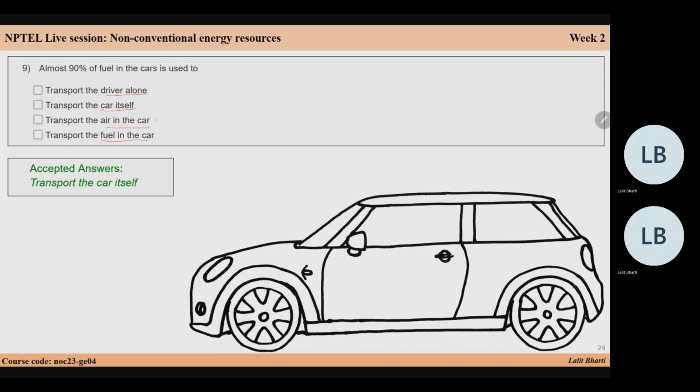So clearly the air is not the correct answer because air is very light in mass. Second is this driver. So the driver can be around 70 kgs, plus the fuel transported in the car.